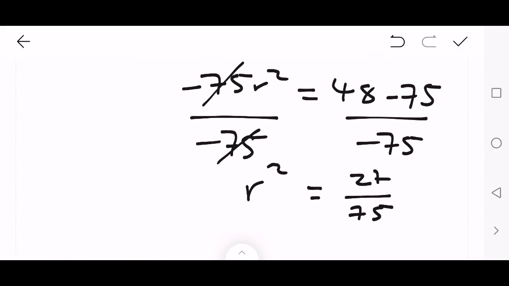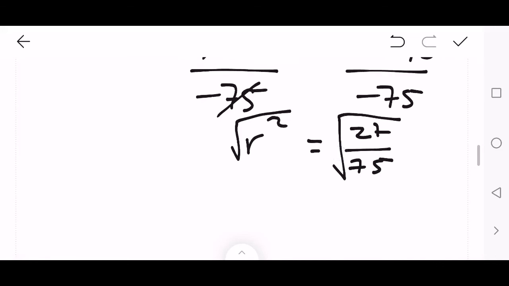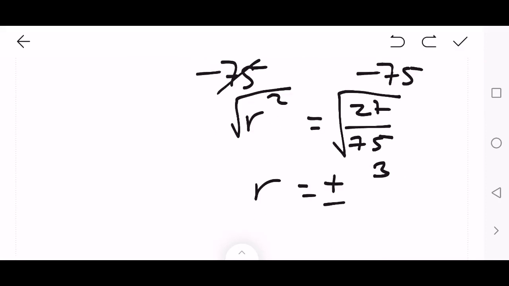So now we can just take a root of each, so we'll be left with r equals plus or minus 3 over 5.